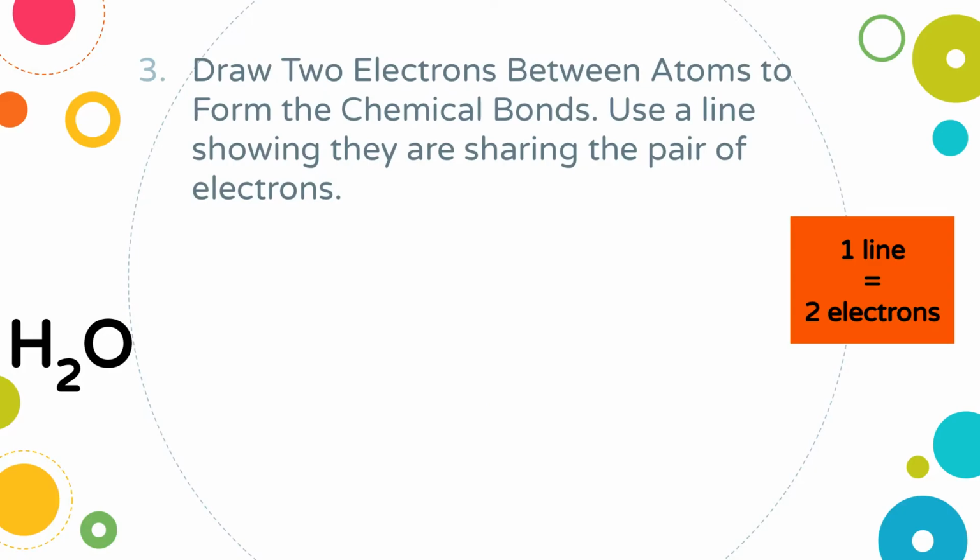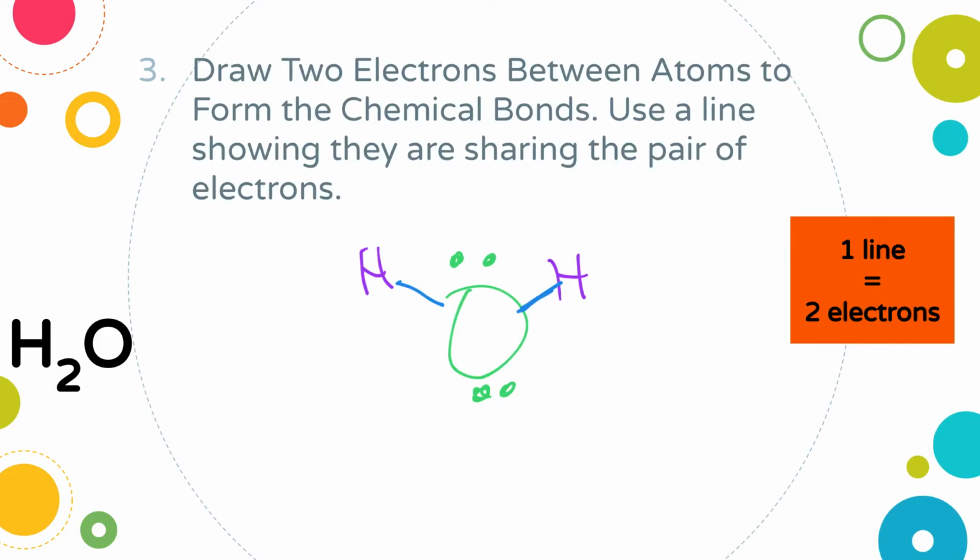Now we're going to draw it with lines to represent the bonds. So we have oxygen and then hydrogen, and our lines, because those are the ones that are bonded to each other. Then we're going to draw the lone electrons, because oxygen, as you'll find out while doing these, likes to have 2 pairs of lone electrons.